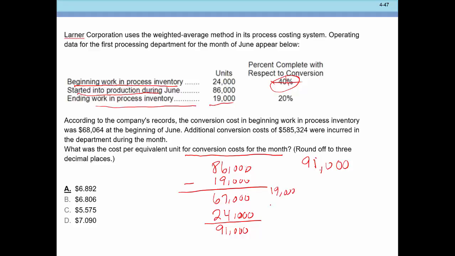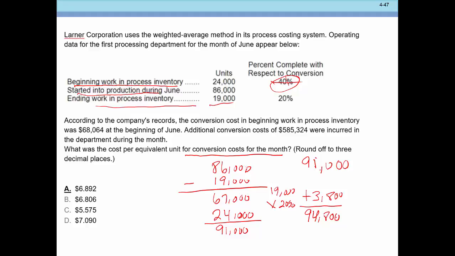And they tell us those are what percent complete? Those are 20% complete. Good. And so I take that 19,000 times the 20%. What's that? 3,800? Am I doing my math right? That's 3,800. I add that, and I have my equivalent units now of 94,800, right? With me so far? Okay.